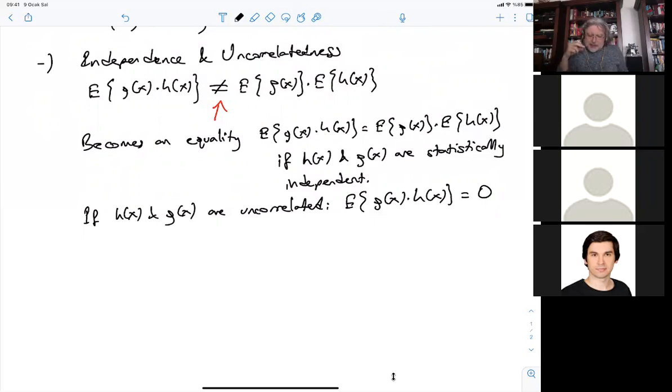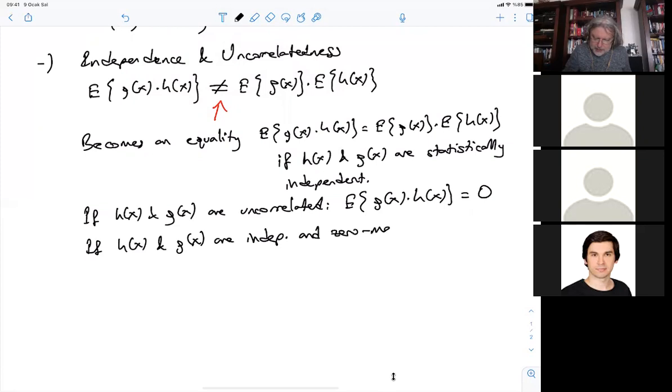Independence and uncorrelatedness correspond to the same thing sometimes, and that is when they are independent and they have zero mean. So if two processes are independent and they are zero mean, then they are also uncorrelated. You see it from these formulas. But let me write it. If h of x and g of x are independent and zero mean, that means they are uncorrelated.